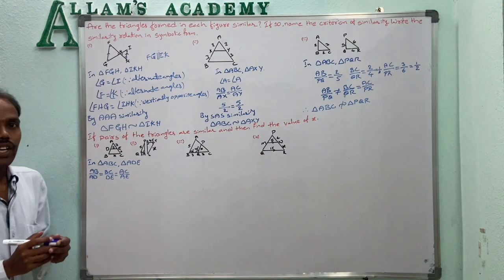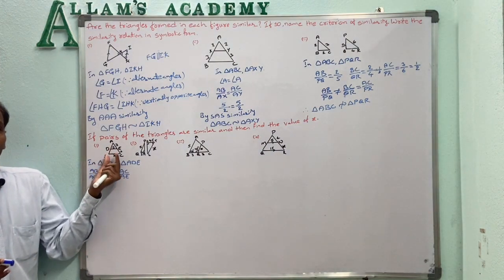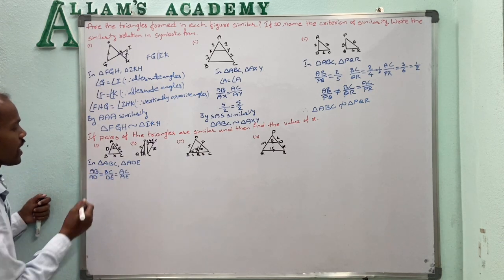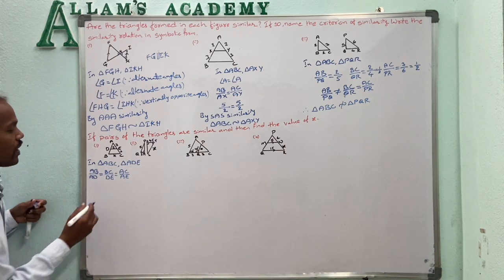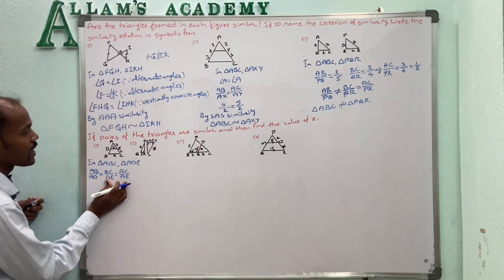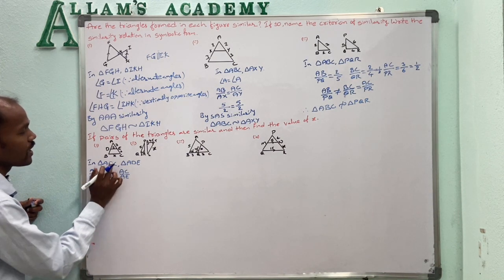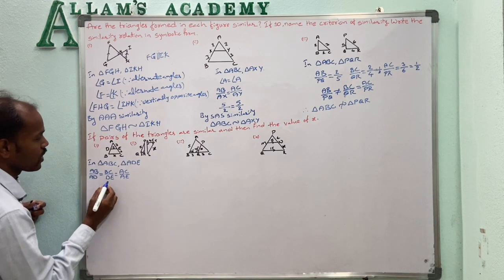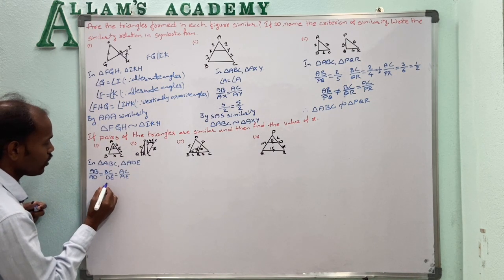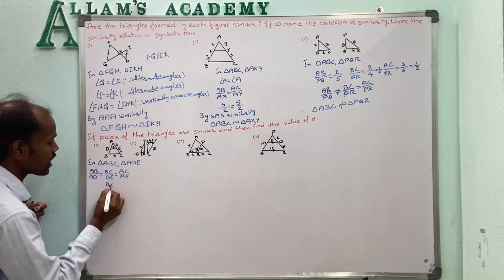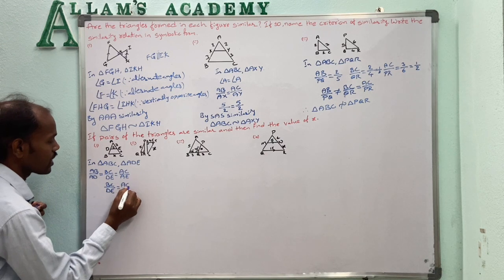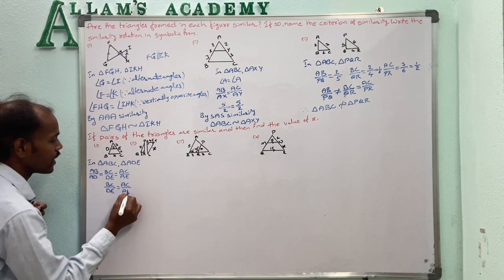So now we substitute the values given. Here the AB and AD ratio is not given, so we take the next sides' ratio, BC and DE, whose values are given, and AC and AE, whose values are also given. So BC by DE equals AC by AE.